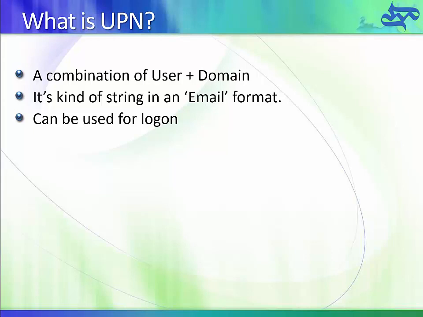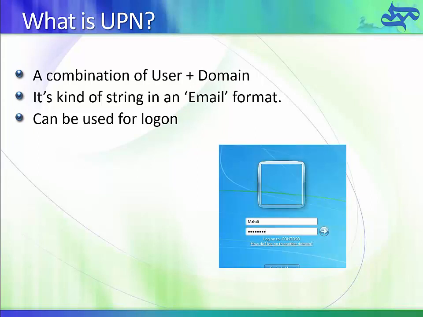As you might already know, there are two types of logons. Actually, there are not two types, there are two mechanisms that we can use in order to log on to a computer. The first is domain\username, and the second one is UPN, as we're talking about right now. This is the first mechanism of logging on to the computer. As you can see, we do not have a combination of user plus domain in an email format.